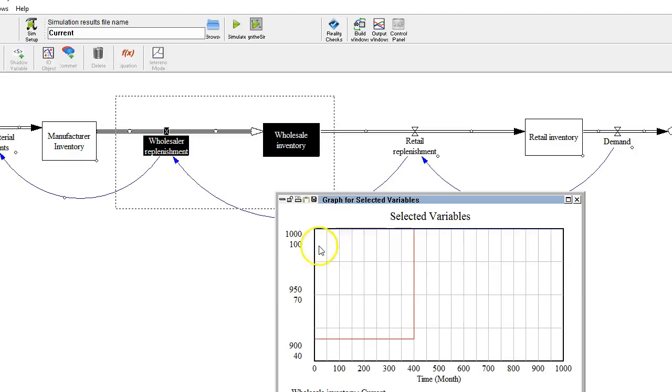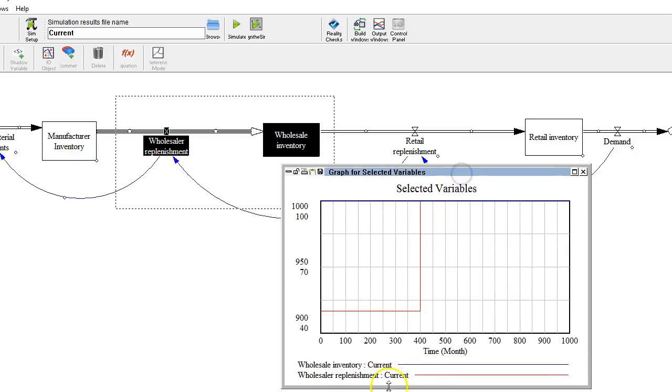We started at 50, and the replenishment, that's the flow, started at 50, and then we incremented it to 100, which is exactly what we needed. And the inventory at the wholesaler remains at its target of 1,000 units, and there is no problem.